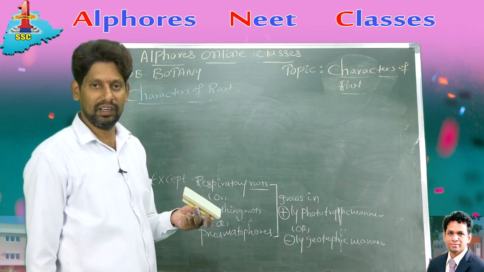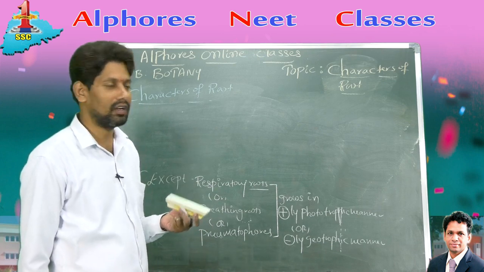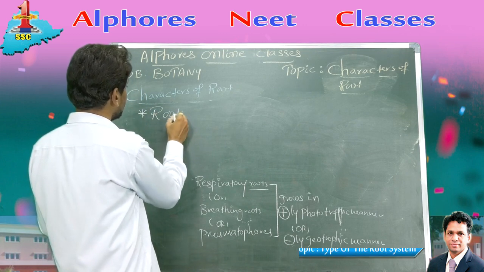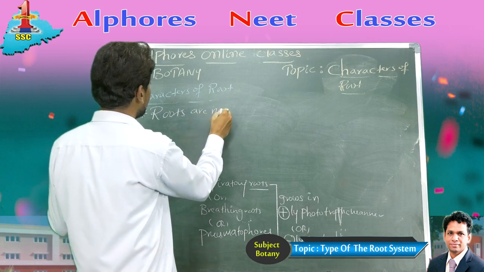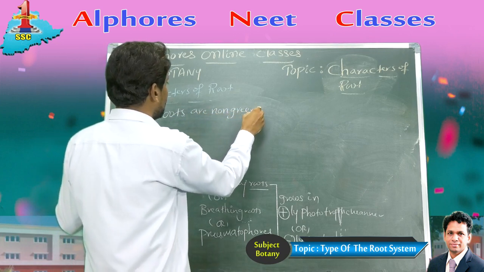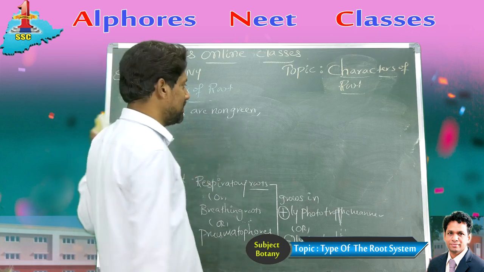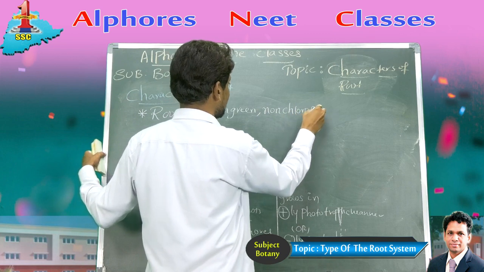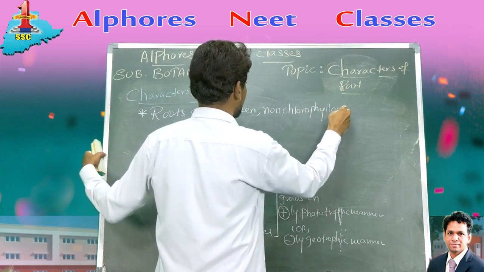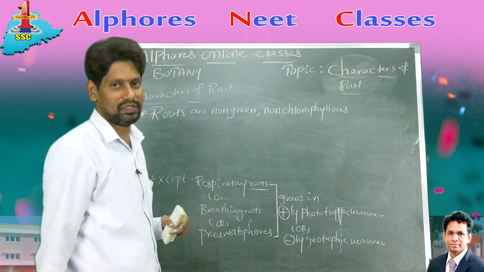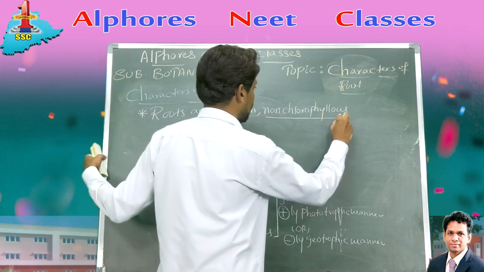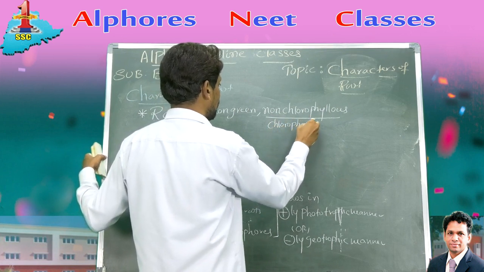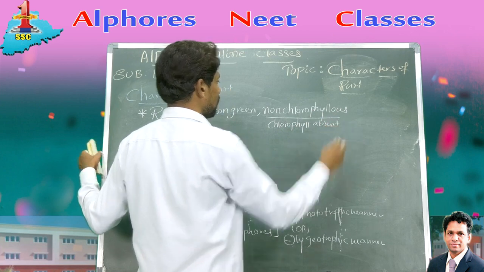Therefore, roots are non-green, non-chlorophyllous. Non-chlorophyllous means chlorophyll is absent.